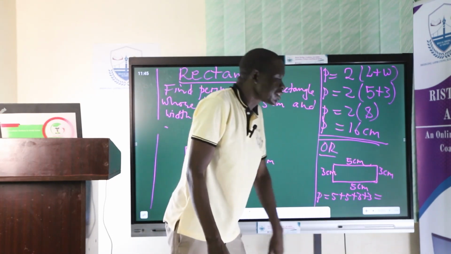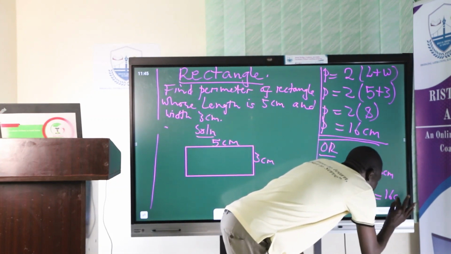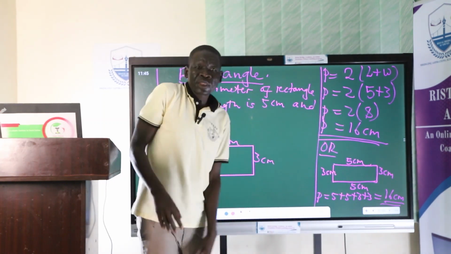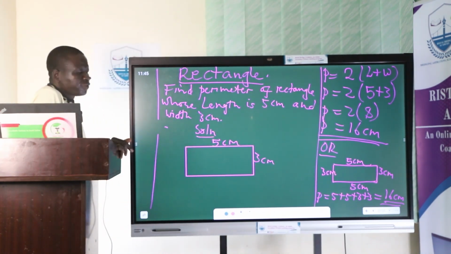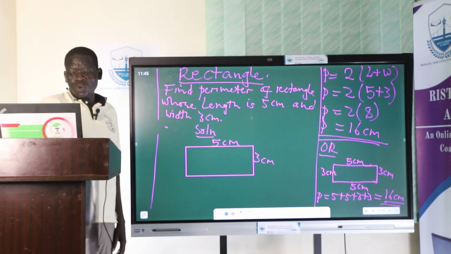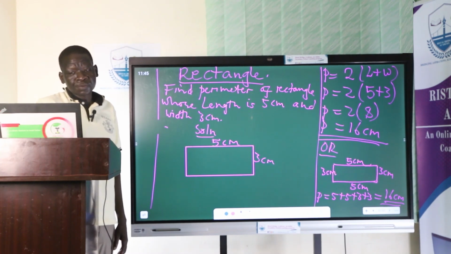Plus 3, we get 13. Plus 3, we get 16. So the answer will be 16 centimeters. So that will be the perimeter of the rectangle. So basically, that's how we find the perimeter of the rectangle.